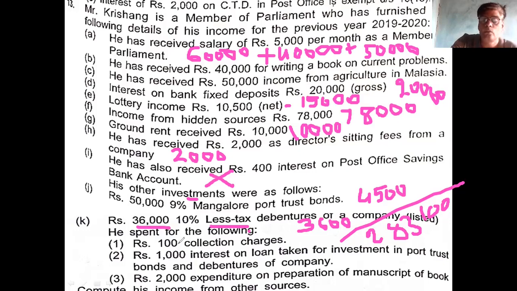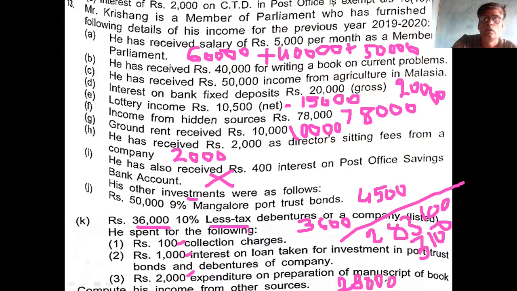First is relating to interest, second is relating to investments, and third is relating to royalty received. These three are allowable expenses. The total is 3,100. You deduct 3,100, then your answer will be 2,80,000.